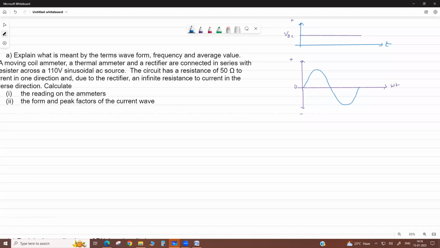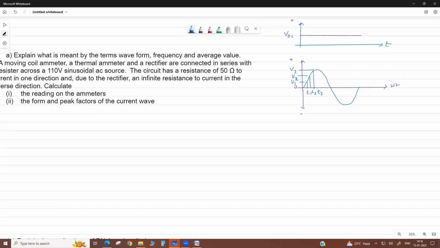Your direction is positive, otherwise negative. And the magnitude also changes at T1, T2, T3. At different times, it has different values, like V1, V2, V3. Correct?